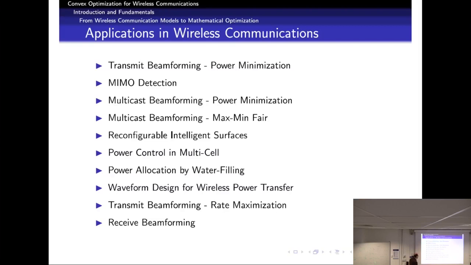Then transmit beamforming with rate maximization is getting a little more complicated. It's this problem here, but instead of minimizing the transmit power, we try to maximize the rate at those different users. It could be sum rate maximization or max-min rate maximization. And then you can have some receive beamforming as well.